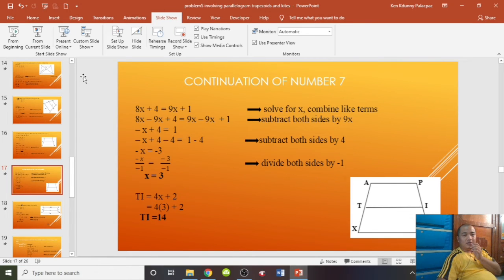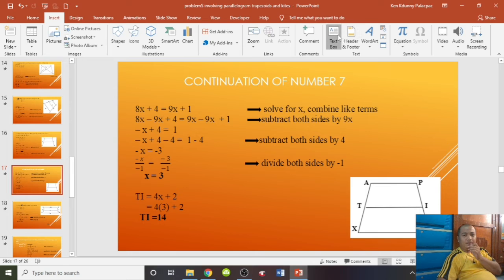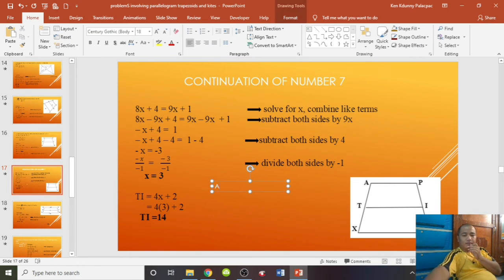Let's include that: AP is equal to 3x plus 3, that means 3 times 3 plus 3 equals 9 plus 3.